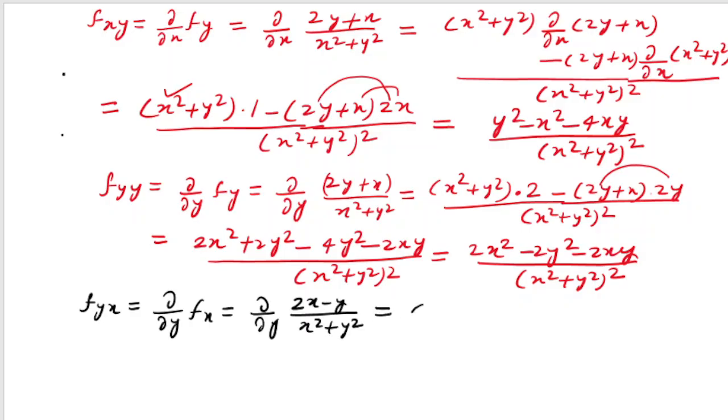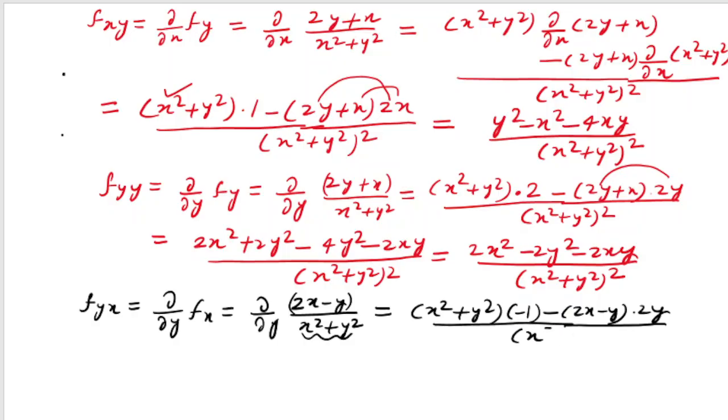So I am going to write it directly, x square plus y square, and derivative of 2x minus y with respect to y, so I will get minus 1, and minus 2x minus y, and derivative of x square plus y square with respect to y will give me 2y, and this whole thing is divided by x square plus y square whole square.